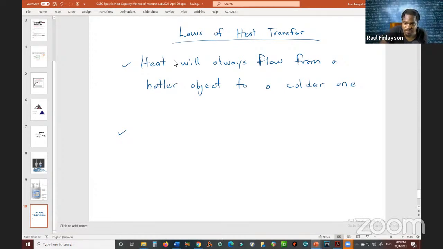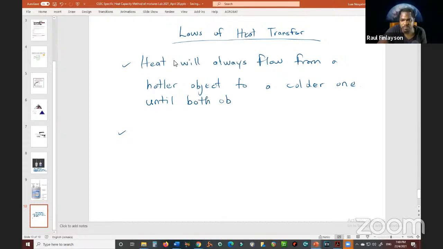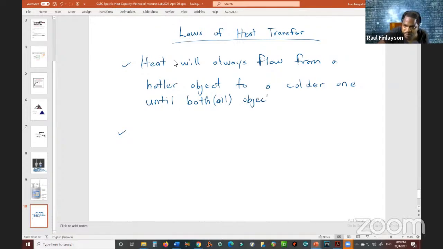All right, check this out. This is incomplete. There's more to be added. Until both objects, let's put all if it's more than 2, objects reach the same temperature.